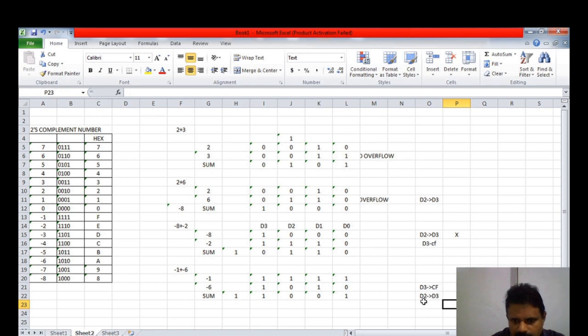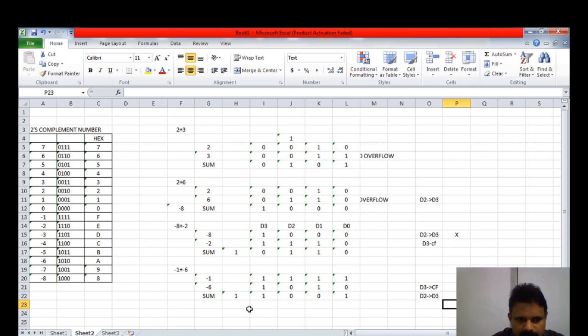Since a carry from D3 occurred, we have learned that there should be an overflow. Considering this, is this answer correct? What is minus 1 plus minus 6? It is minus 7. We got the pattern. See, in 2's complement addition, once a carry occurred, we will discard that.